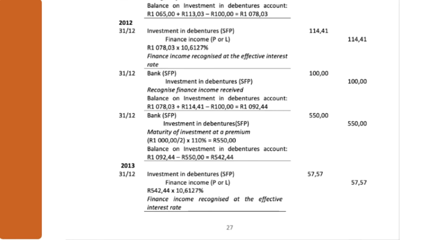I calculate the finance income, because I'm an investor earning interest, based on the balance in the T account, which was the balance at the end of the prior year, and I multiply that with the effective interest rate.